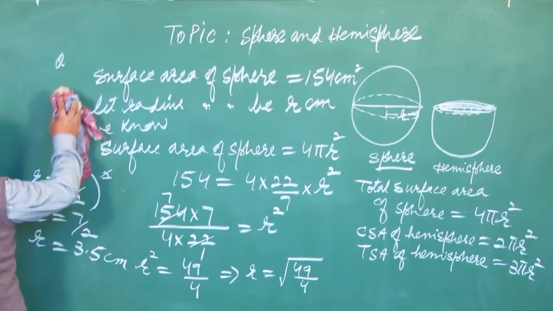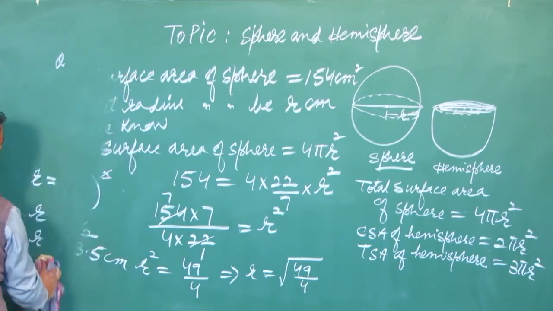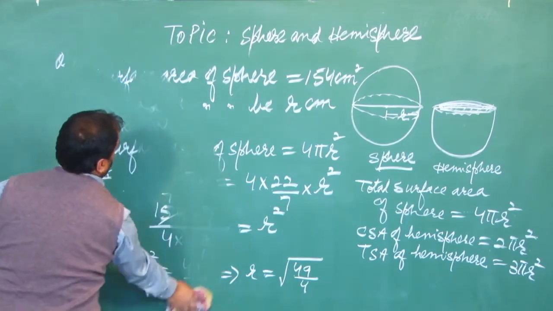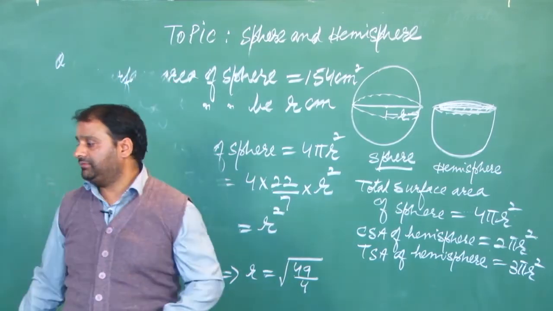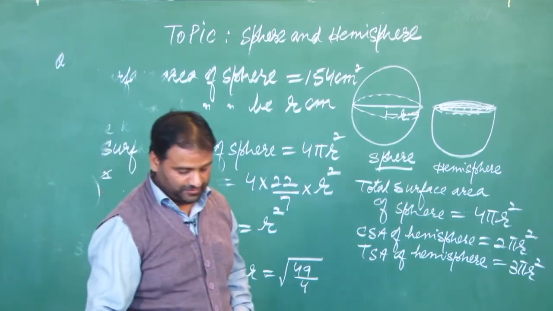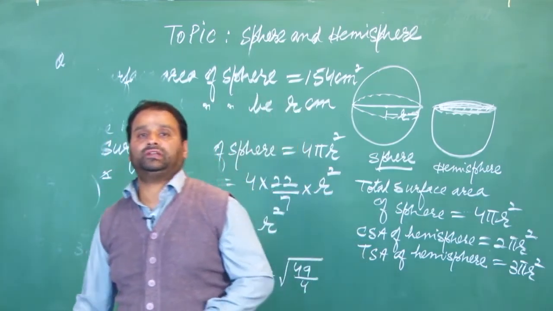Now, there is another question related to the moon and earth, because both are spherical in nature. It says the diameter of the moon is 1/4 the diameter of earth. What is the ratio of their surface areas?